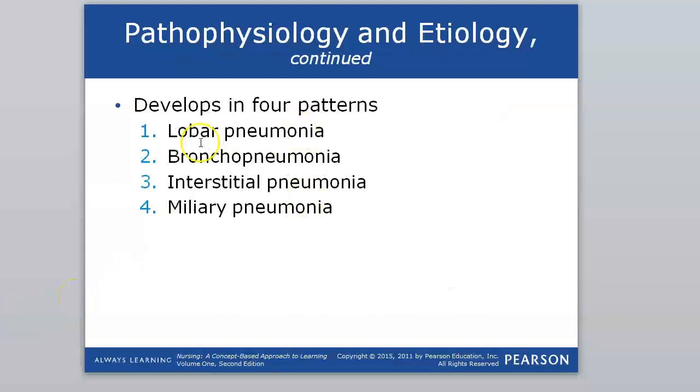It can be in the lobes, called lobar pneumonia, the bronchial pneumonia caused in the bronchial, and interstitial pneumonia, and also miliary pneumonia. And miliary pneumonia is just a term that means multiple discrete lesions resulting from the spread of the pathogen to the lungs via the bloodstream.